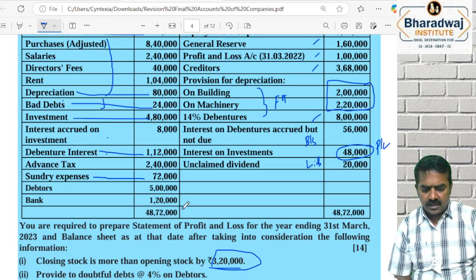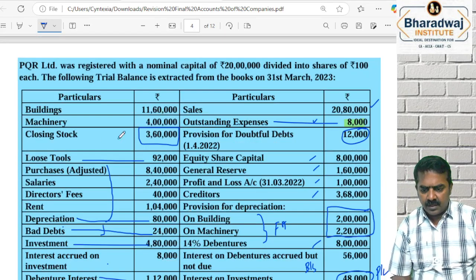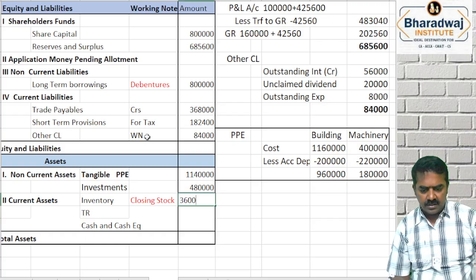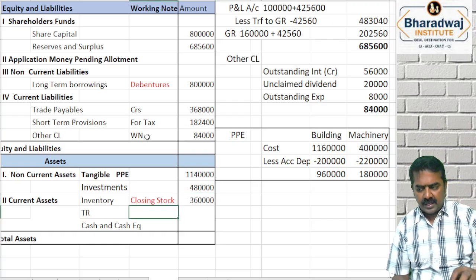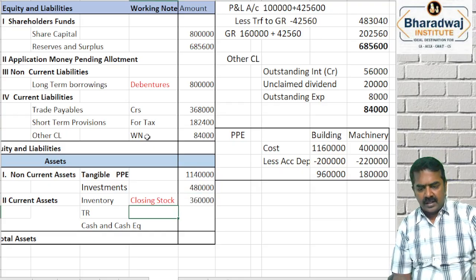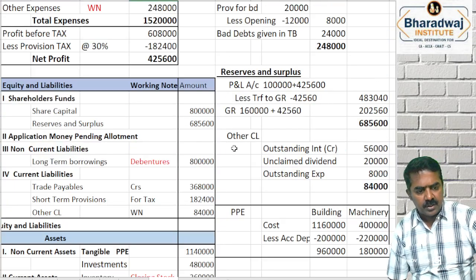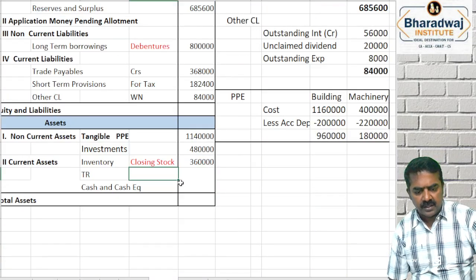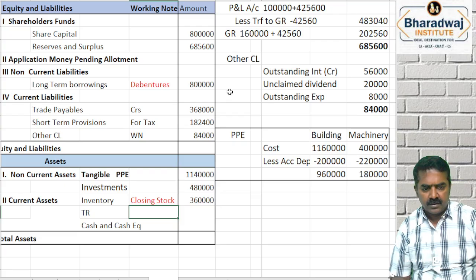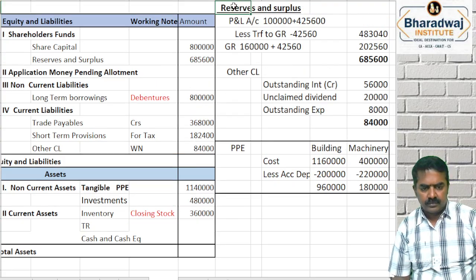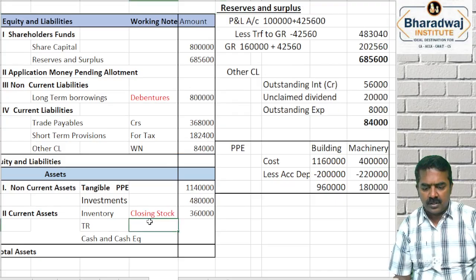What is the closing stock given in the trial balance? 3,60,000. Trade receivables minus provision for bad debts. What is the trade receivable amount?